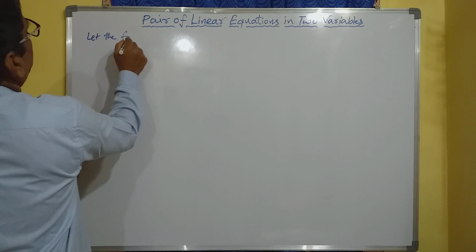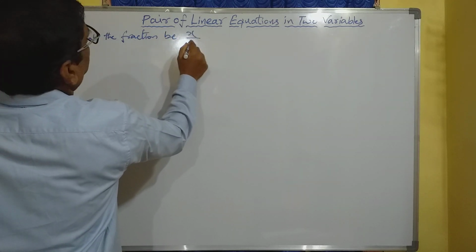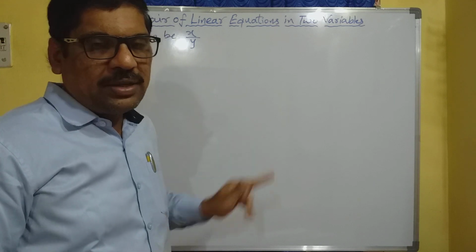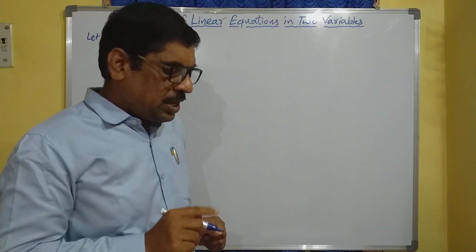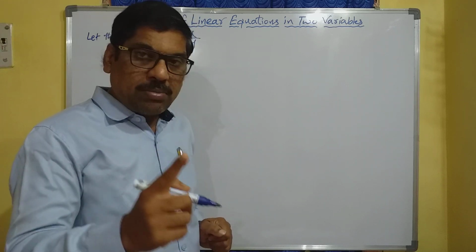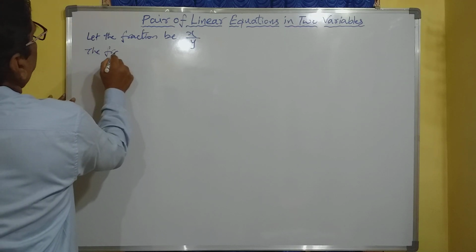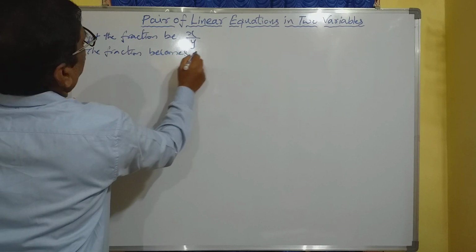Let the fraction be x by y. That means the numerator is x and the denominator is y. Here he has given a condition that if we add 1 to the numerator and subtract 1 from the denominator, then the fraction becomes 1.